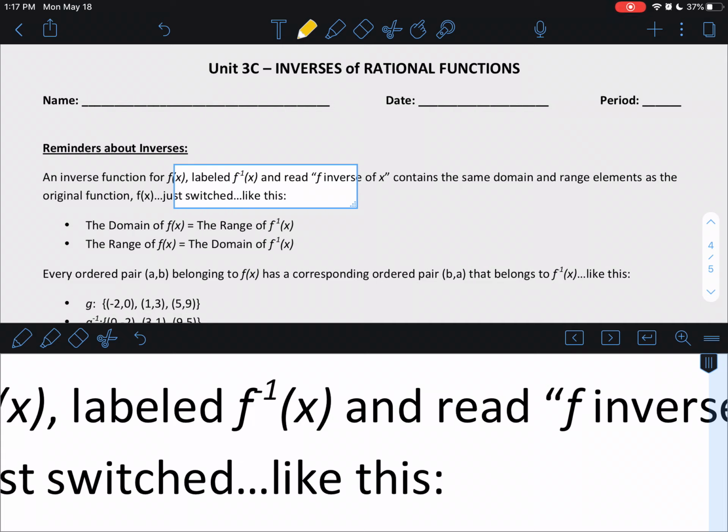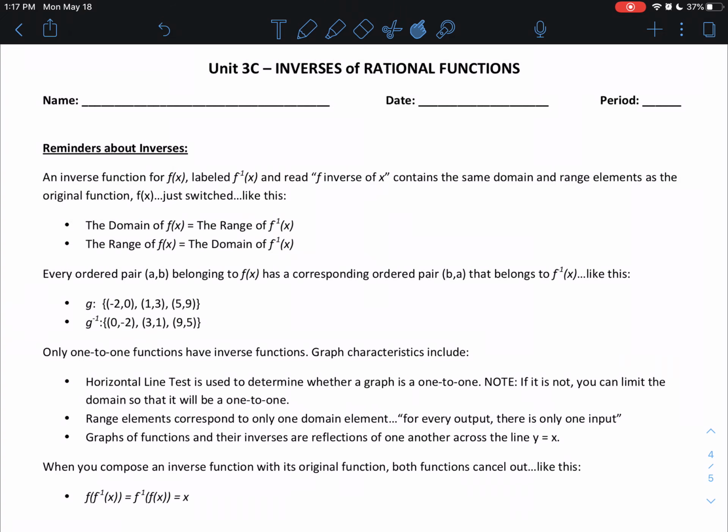It contains the same domain and range elements as the original function, just switched. And the reason I want to do these is because we've already done rational functions. Or not rational functions, sorry, inverse functions. We have done rational functions, but inverse functions, you guys were great at those. So that's kind of why I wanted to get to them.